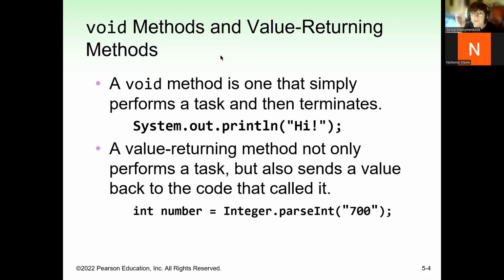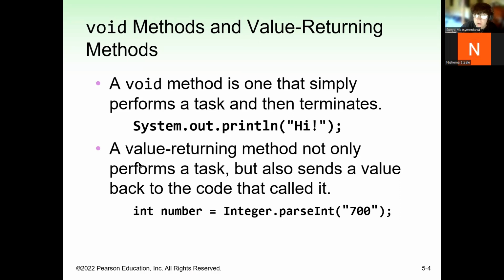Now, the two different types in Java: the same way Python has modules and functions, it's the same way here, but they're called void methods and value returning methods. Void methods are those that do not return anything; the word void stands for nothingness. So a method that's not going to return anything to you, that just performs some task and then terminates, is called a void method.